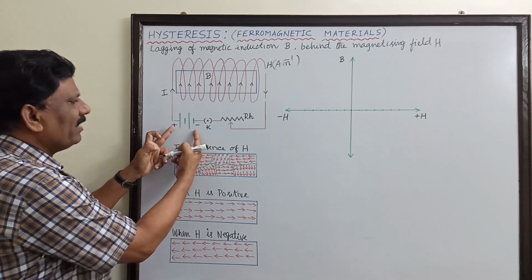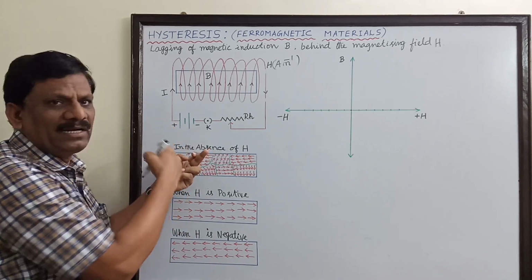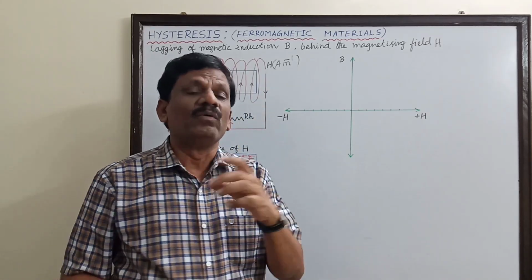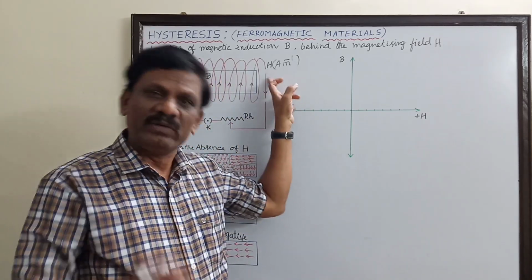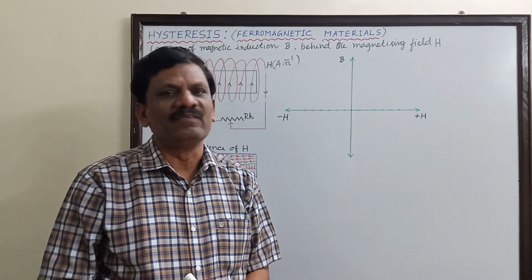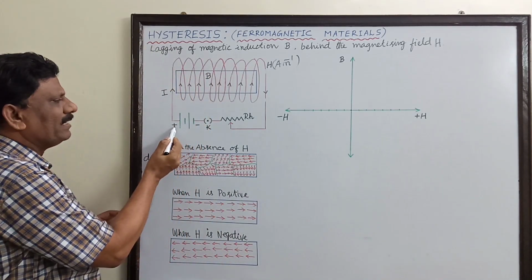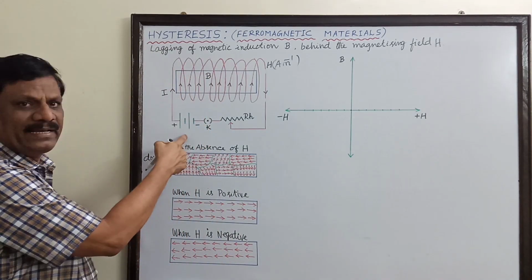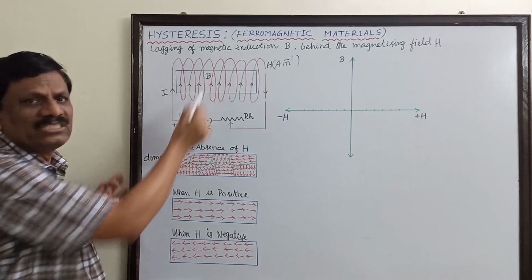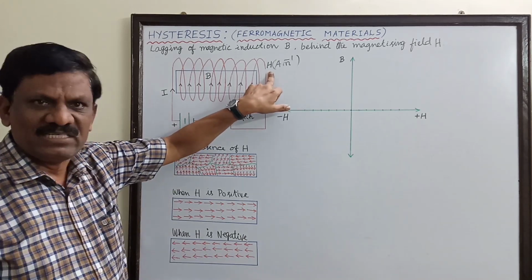Now, if I reverse the terminals of the battery and once again increase the current in the coil, now what will happen? H will also increase proportionate to the current, but the direction of H will be reversed. Why? Because when the battery terminals are as shown in the diagram, suppose the current is flowing in the clockwise direction in each turn of the coil, I have assumed that the direction of H is positive.